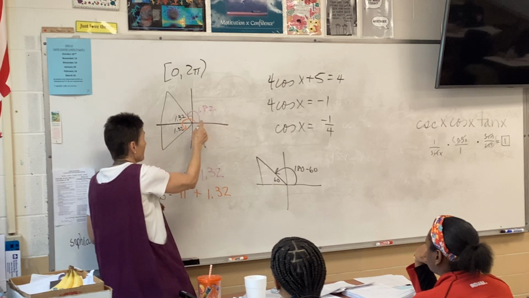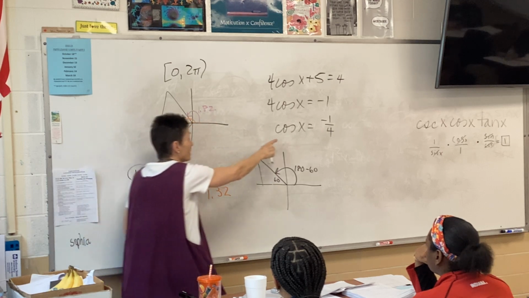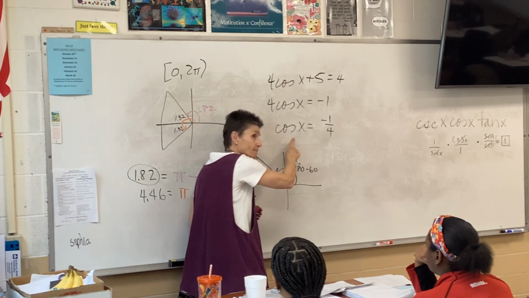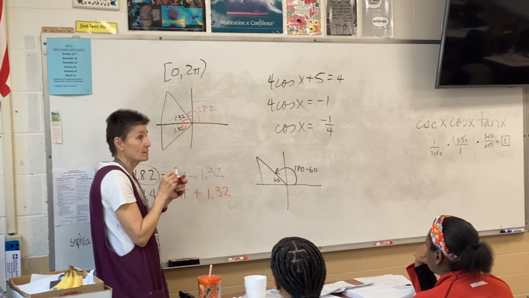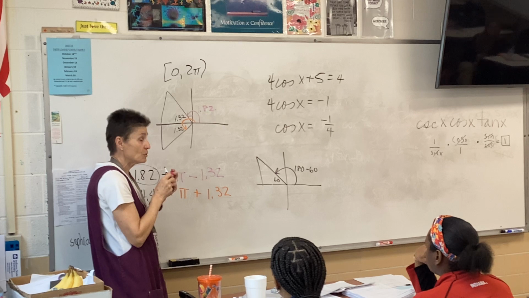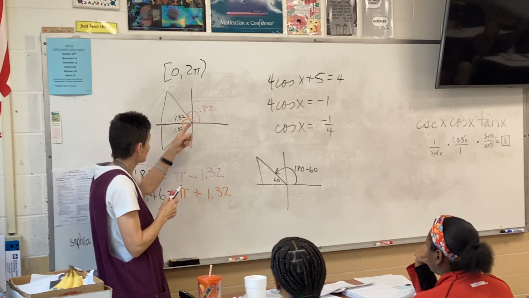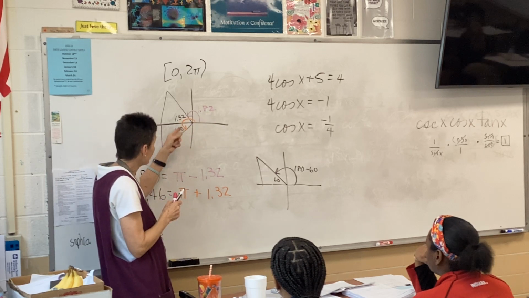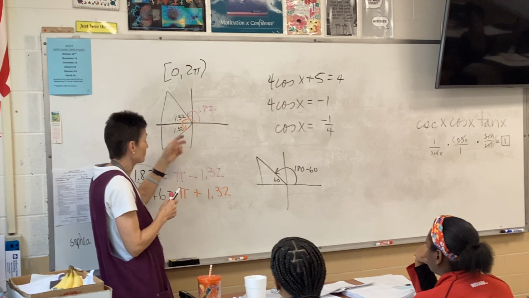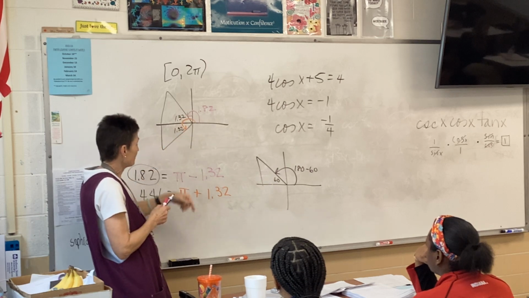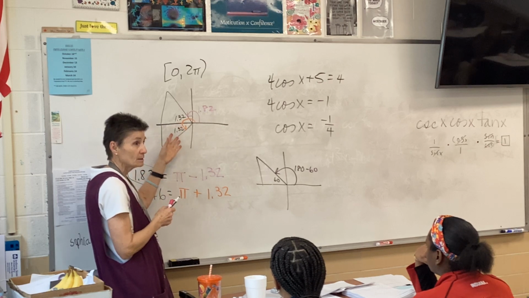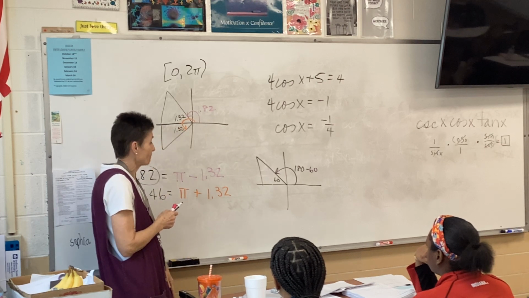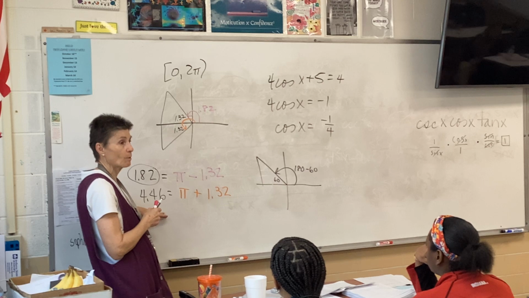You figured out the pink one was 1.82 by doing second cosine of this, so then you have to somehow figure out the orange one. And you can do that. You can subtract from 180 to get that angle, and then add that angle to 180, or to pi, and figure it out. I find it easier just to leave the negative off and use my reference angles. But anyhow, those are the answers to the problem.